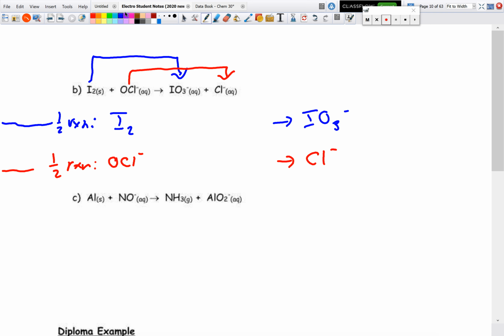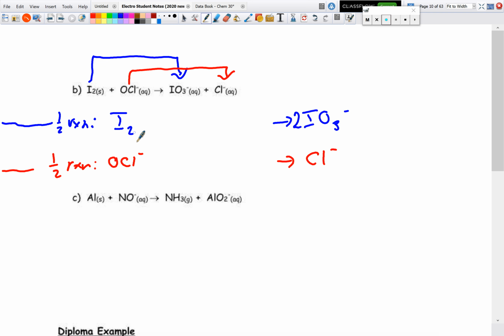So for my first balancing of this half reaction, once we write out our unbalanced half reaction like this, we balance everything that isn't oxygen and hydrogen first. That means we balance our iodines. On our reactant side we have 2 iodines, on our product side we only have 1, so I need to stick a 2 in front. Next, I need to balance my oxygen atoms by adding water.